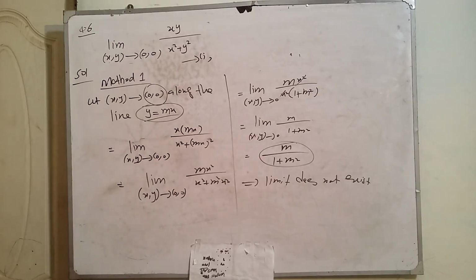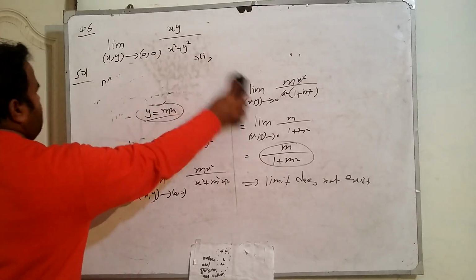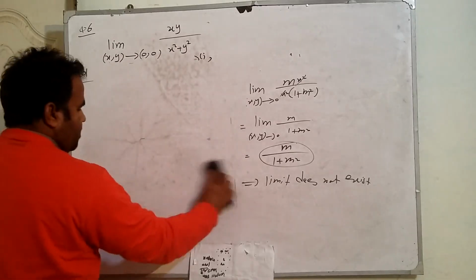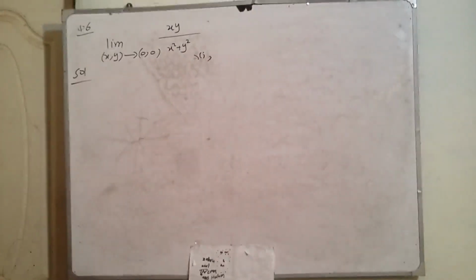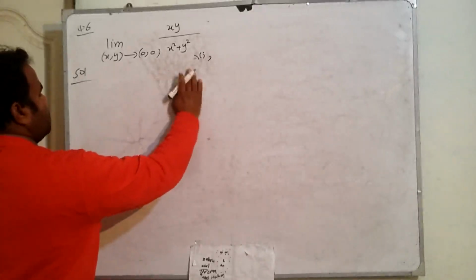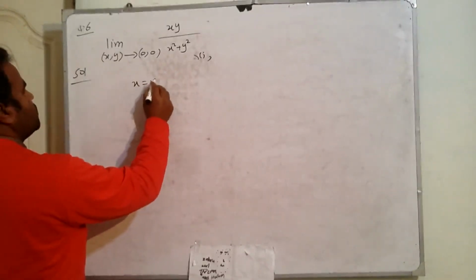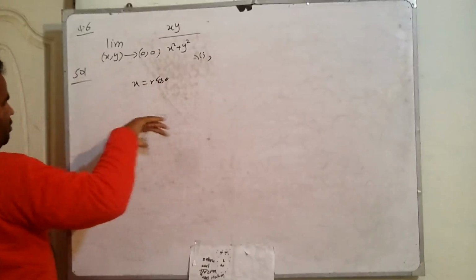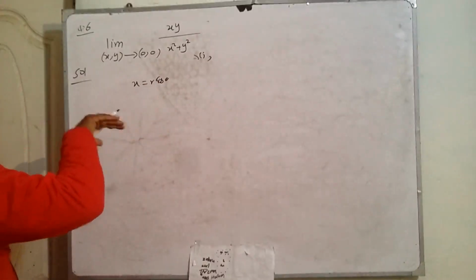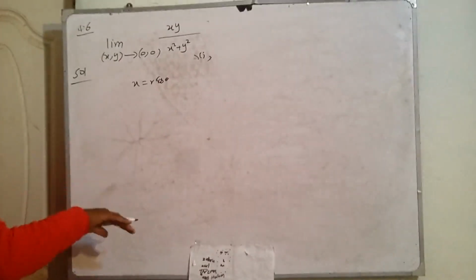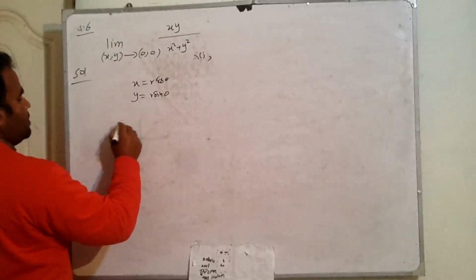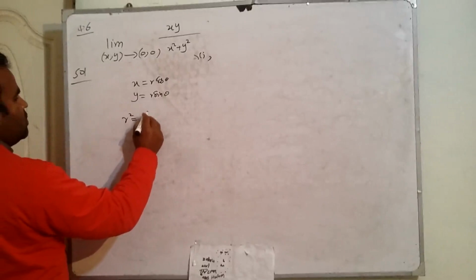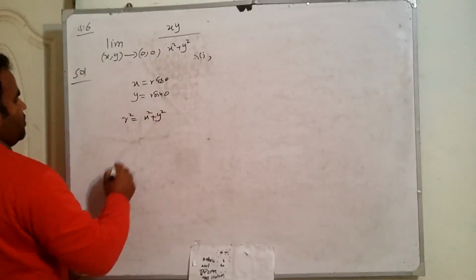And the second method is, here the value of m may vary, and now the second method is x is equal to r cos theta, converting this Cartesian coordinate into polar coordinate. y is equal to r sin theta, r square is equal to x square plus y square.